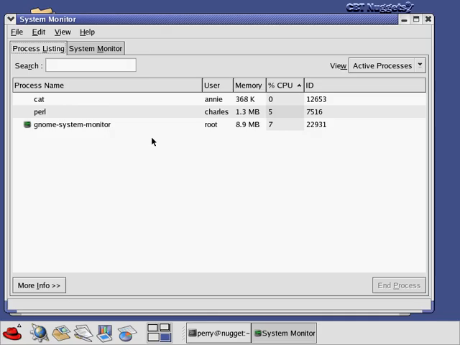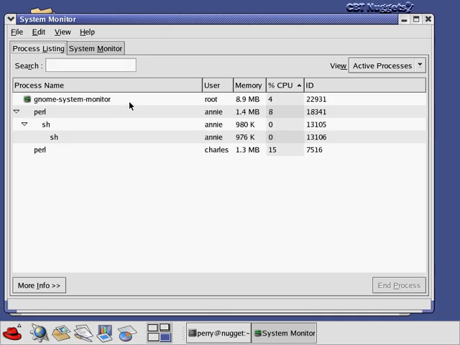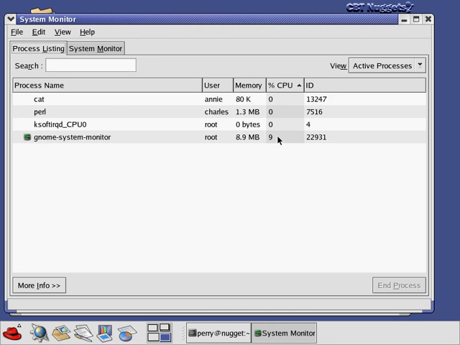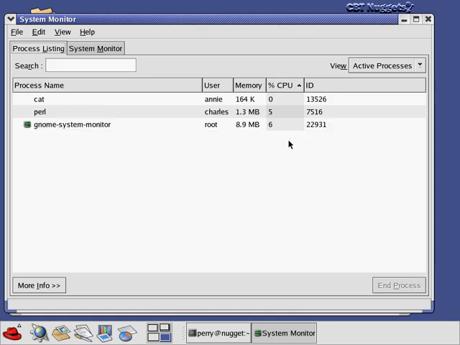Always be careful when you're monitoring activity on the system that you, by monitoring it, are not putting a burden on the CPU. Okay, and you can see this GNOME System Monitor is consuming quite a bit of memory, like 9 megabytes of memory. It's consuming like 10% of the CPU time. So it's not really impacting the performance of the system.